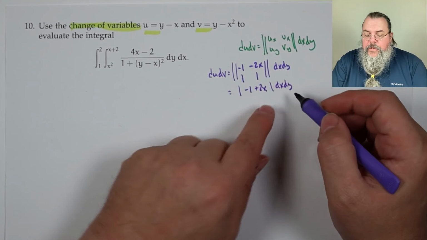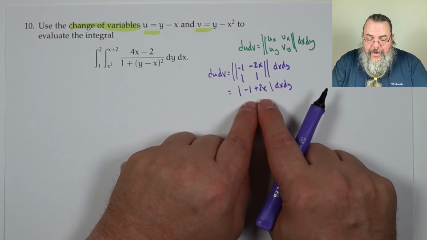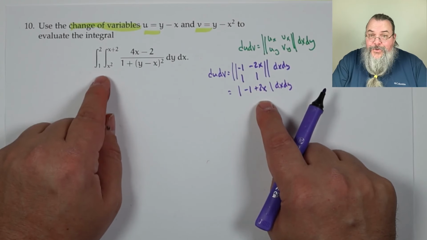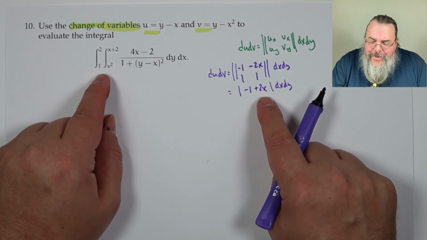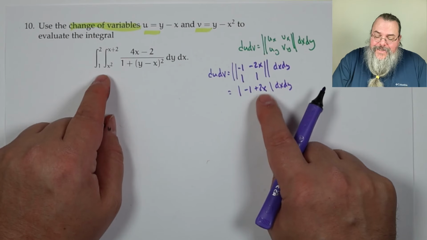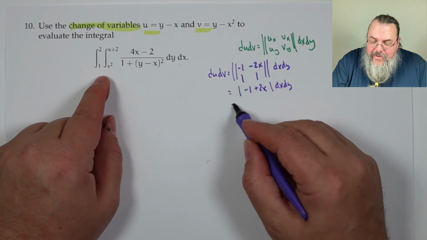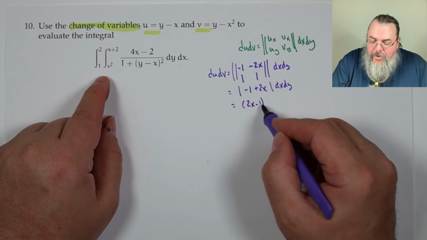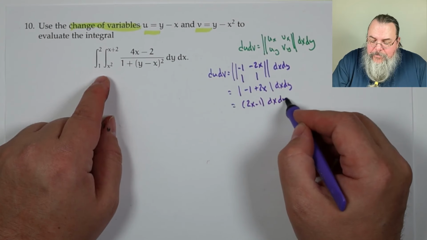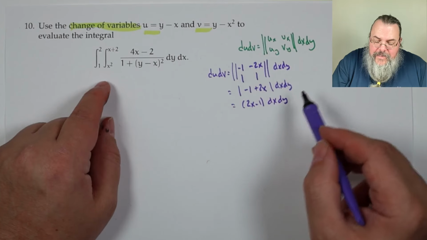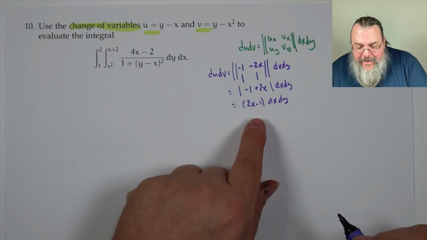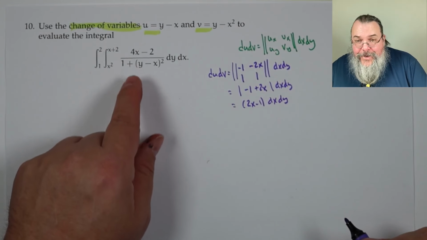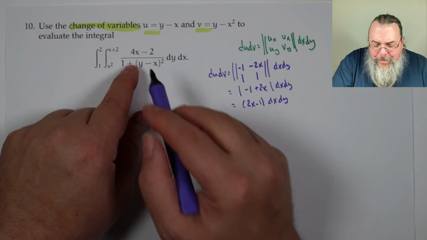Now the question is, what do we know about 2x minus 1? Well, x is going to go from 1 to 2. So the smallest that 2x minus 1 could be is 1. So we can drop the absolute value. So this is 2x minus 1 dx dy. All right. So that's useful. Now, how do we use it? We say, hey, is there a 2x minus 1 floating over here? Well, almost.